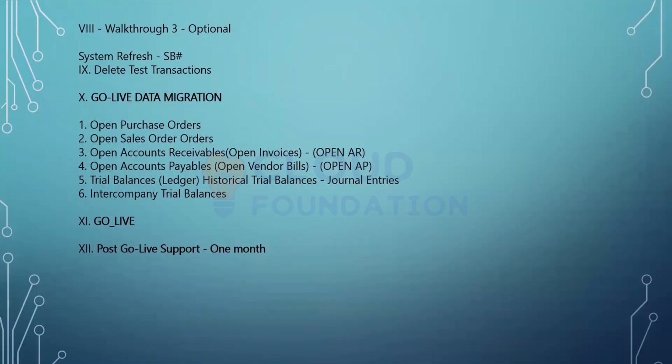Everything has to become zero. And then the open purchase orders, sales orders, accounts receivable, AP, trial balance, and the complete trial balances are imported, making it a fresh system. Everything is open. No test transactions, by the way. And then the customers can actually take over from day one onwards.